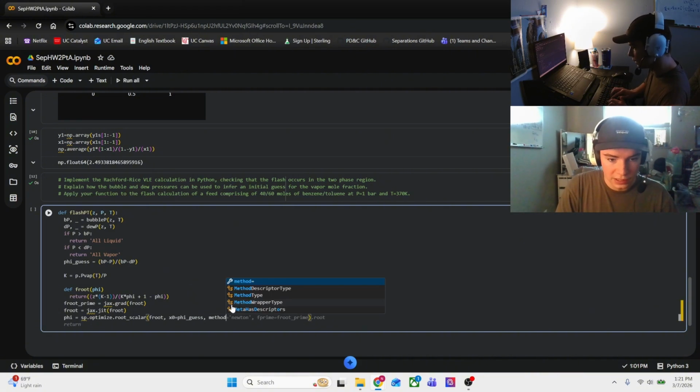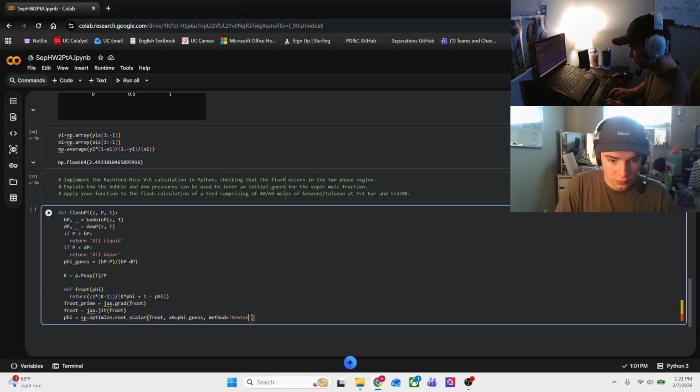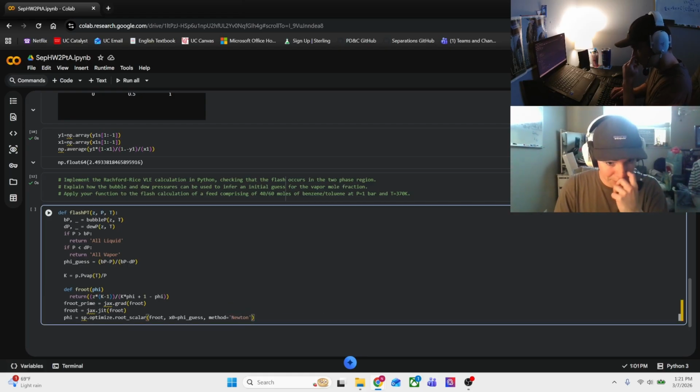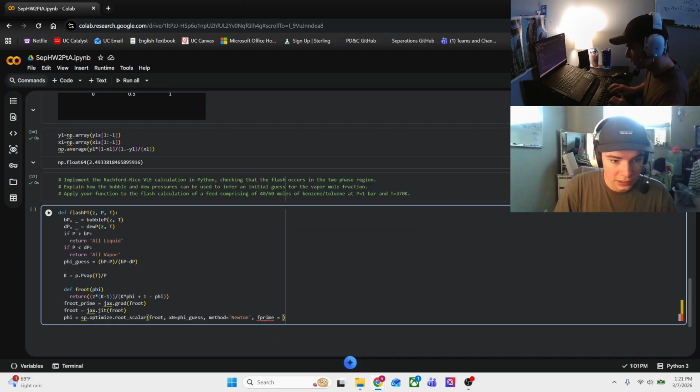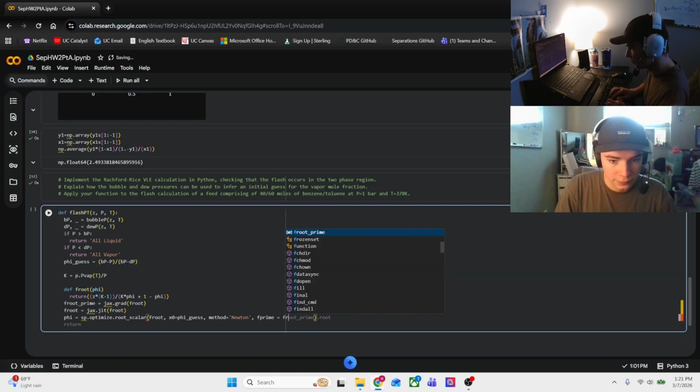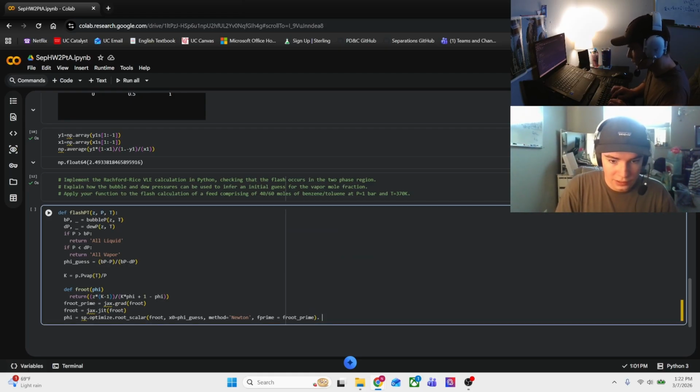We're going to use the Newton method. And we're going to say that our fprime is going to equal our f root prime.